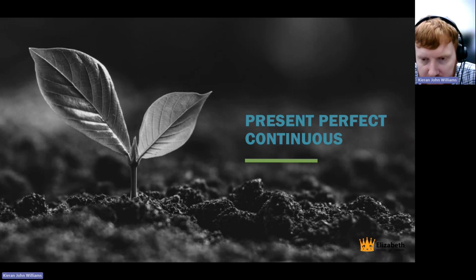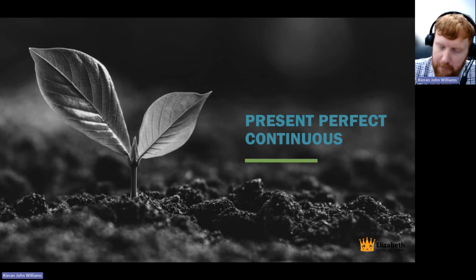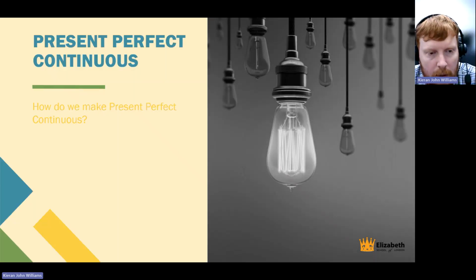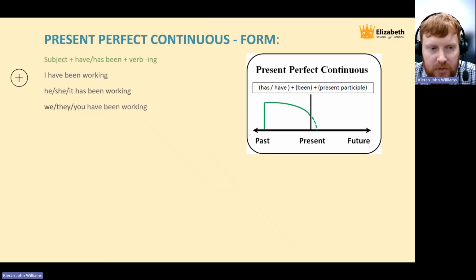It is perfect, like the one we've looked at before, and it is continuous, like present continuous, which we looked at before. If we combine them together, we get present perfect continuous. So let's think about how we make it. A bit more difficult now. We have our subject, then we have to use have or has.